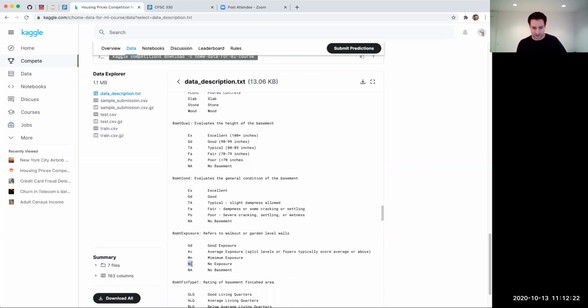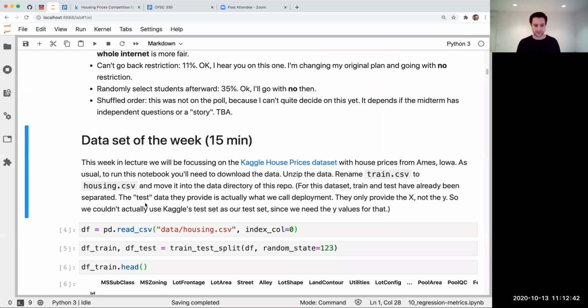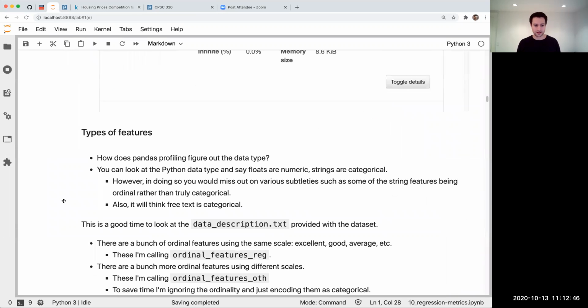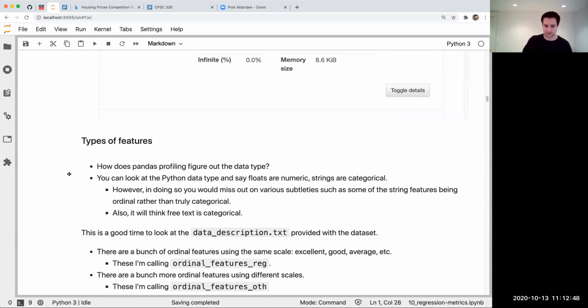And so you can imagine if you want to be really meticulous about this, you should go feature by feature very carefully and decide how do I want to encode this, ordinal, categorical, all that kind of stuff. Because unfortunately, this ordering system is very slightly different than this ordering system because they use different codes. So yeah, it's quite a mess. Where was I? Any questions about this so far?